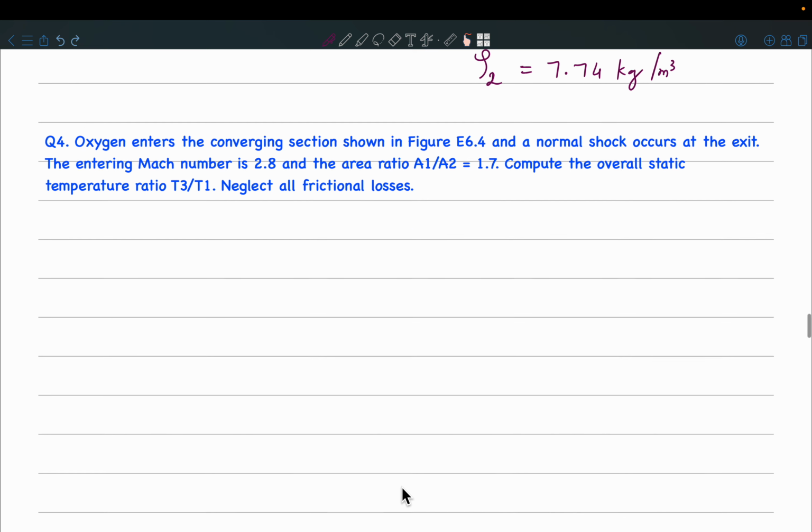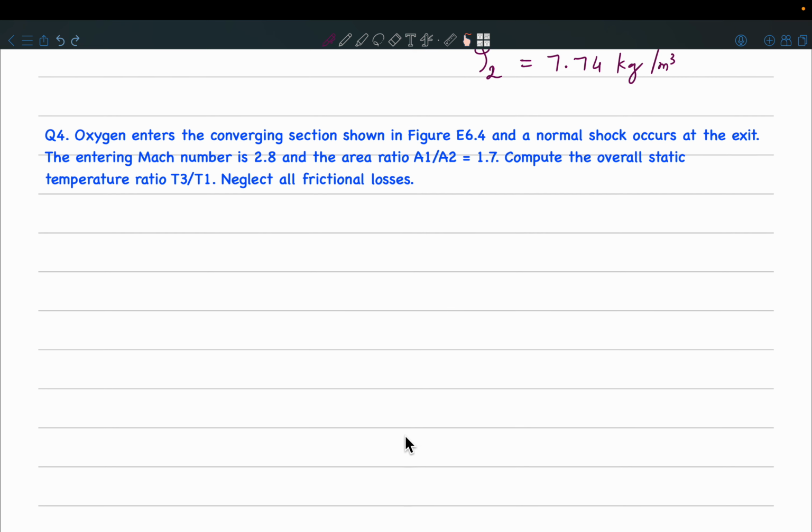Okay. So this is the next question. Oxygen enters a converging section. I don't have the figure here, but let me draw it for you. So there's a converging section, and they say that a normal shock occurs exactly at the exit.